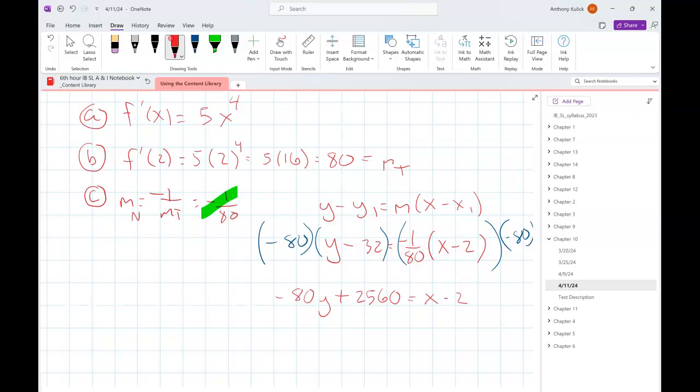Last thing I got to do is just move everything onto one side, right? Does that feel okay? Could you also multiply through by -1 so all the signs are opposite? Or is it x plus 80y minus 2562?